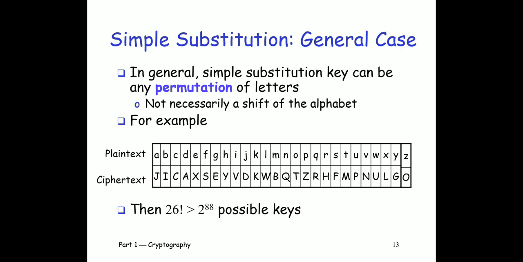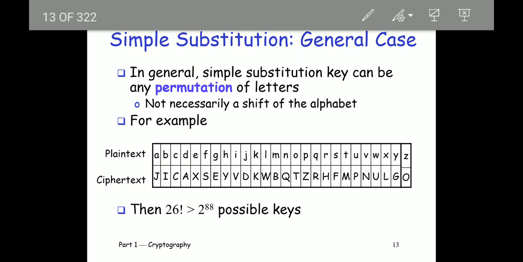So simple substitution, right? In general, a simple substitution key can be any permutation of letters, and not necessarily a shift of the alphabet. Okay, so let us say A is given as J, right?